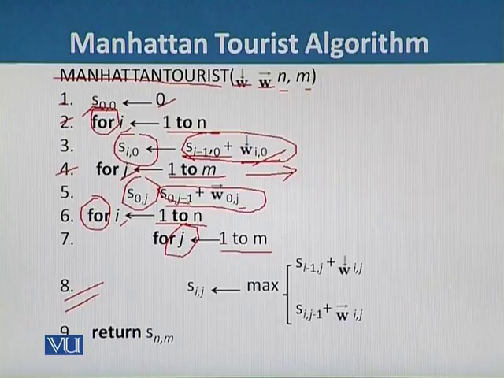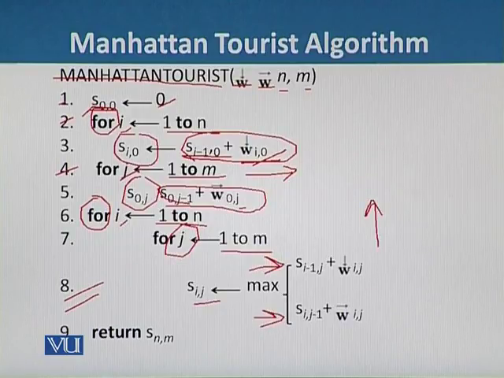And by using these values, as we have seen previously, it will calculate the maximum value. For example, if we want to calculate the value of s_ij, we have to use two different calculations, and the one which has the maximum value will be considered, and the other value will be discarded. And by using this we will get the value s_n,m.